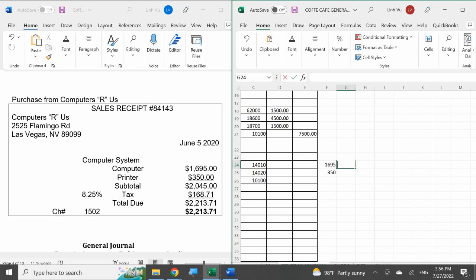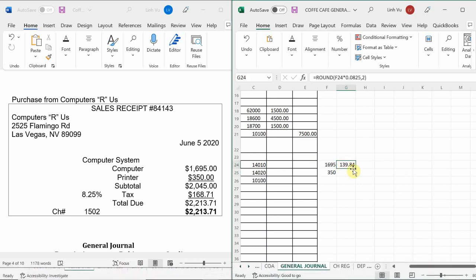So in this case, I can do equal round, times the 8.25%, comma 2, and I should get $139.84 for my computer. And then if I were to tax my printer, I'm going to get $28.87.